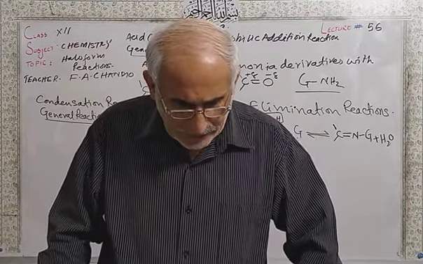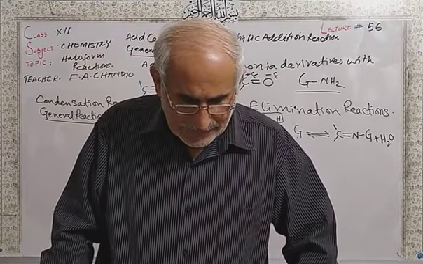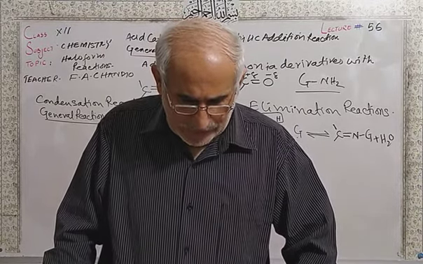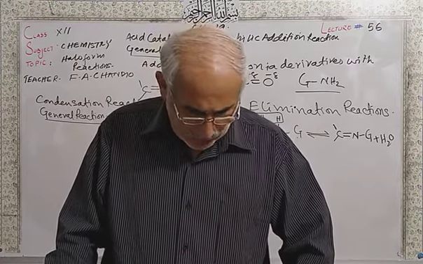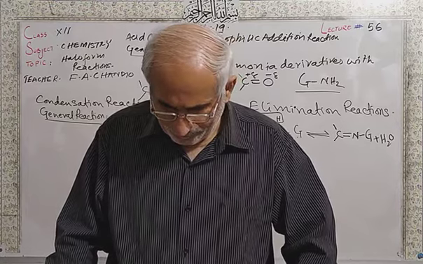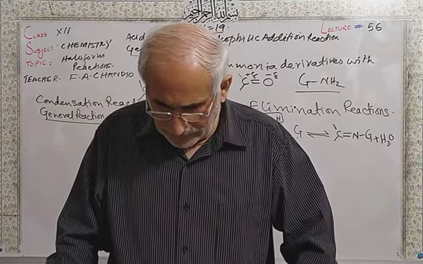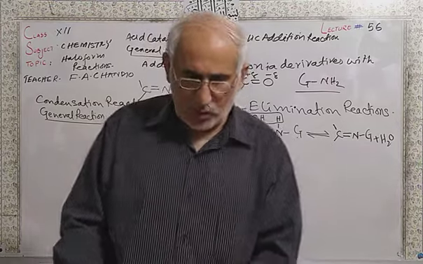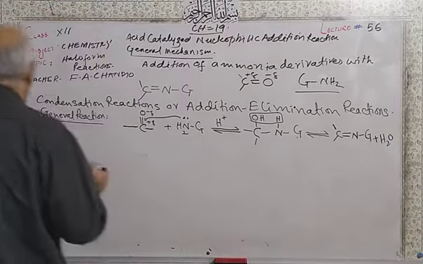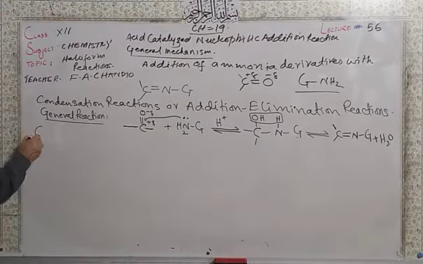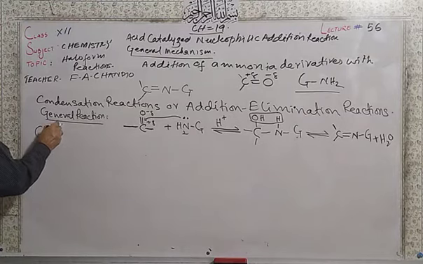Now here is the acid catalyzed 2,4-DNPH. So dear students, there are many groups. I am going to write G for group, and they are attached with the amine group.